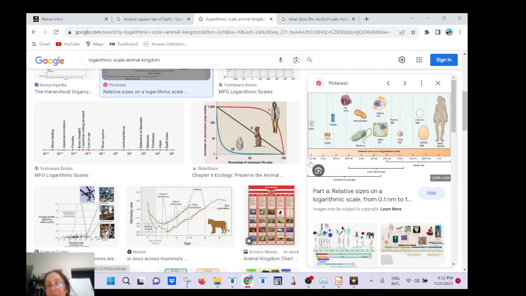One step on that scale means you multiply the size by 10, and this is multiplied by 10, and this is multiplied by 10. So each time you increase by 1, in reality, you multiply by 10. That way, you can have all those things on the same graph.